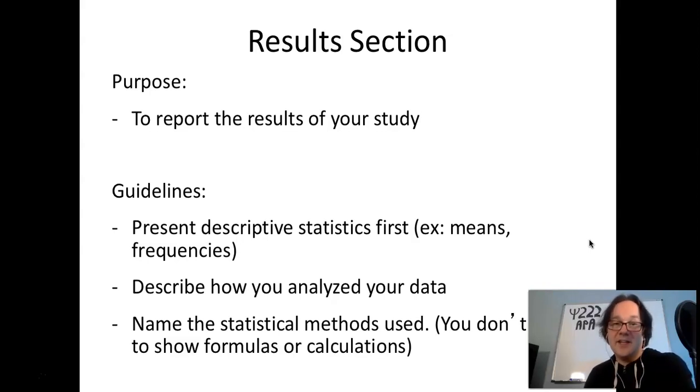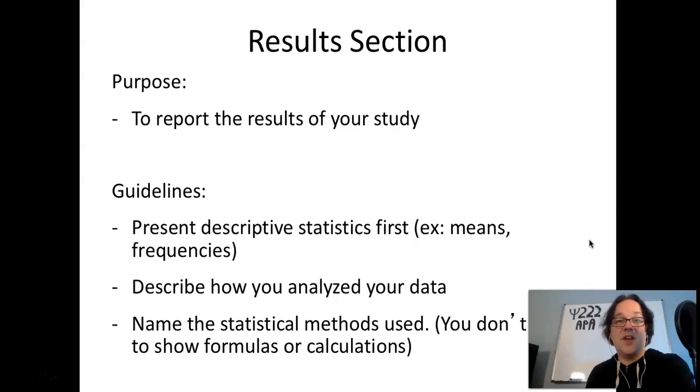So in terms of guidelines, we want to present descriptive statistics first. If you remember, descriptive stats are our means, our standard deviations, frequencies. We want to describe how we analyzed the data, and this can involve saying that we used Excel, or we used SPSS, or we used R, or we used Amos, whatever statistical program you use.